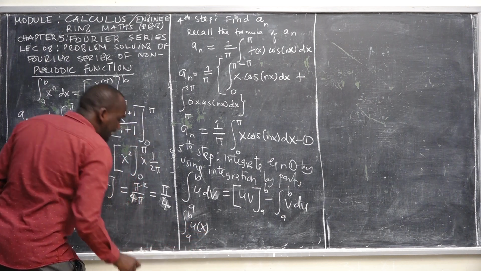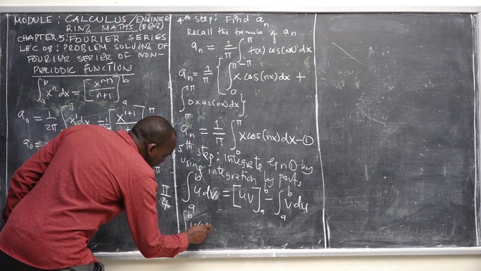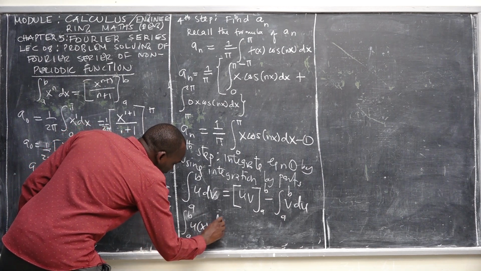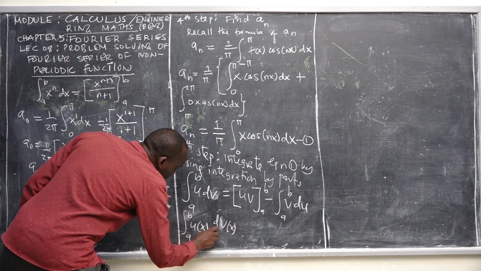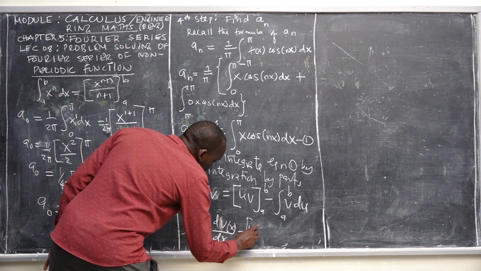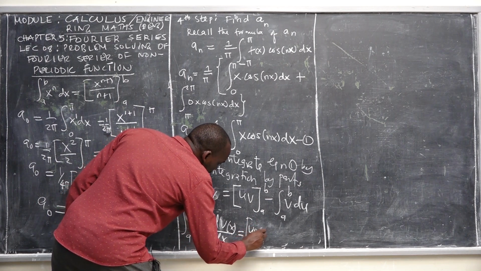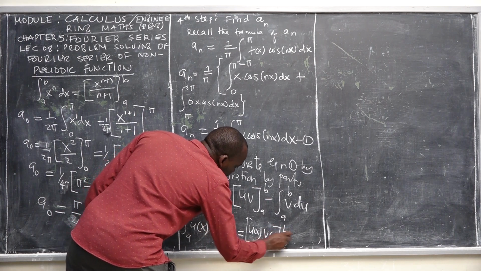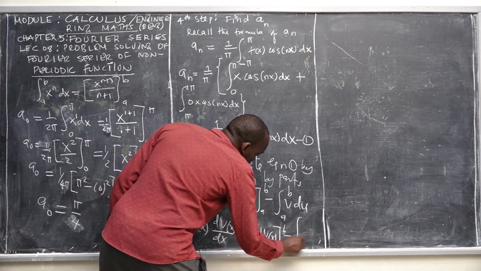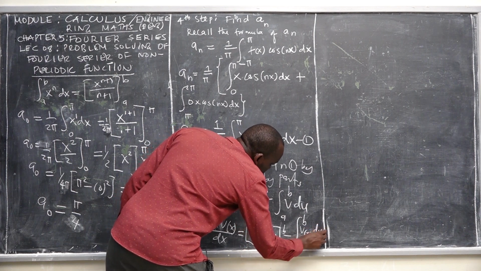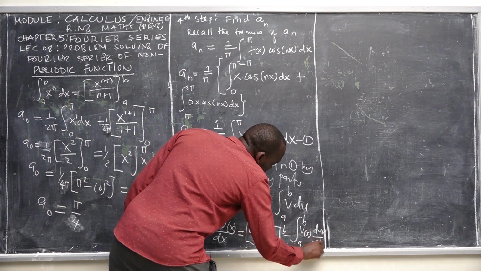We are integrating u of x times the derivative of v of x with respect to x. This is equal to u of x multiplied by v of x from a to b, minus the integral from a to b of v of x times the derivative of u of x with respect to x.